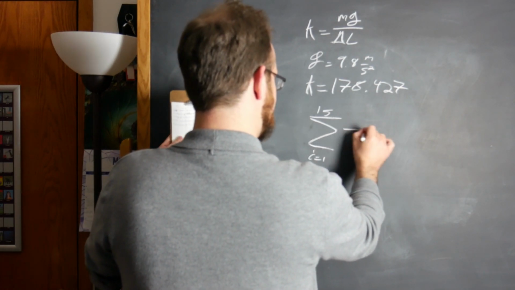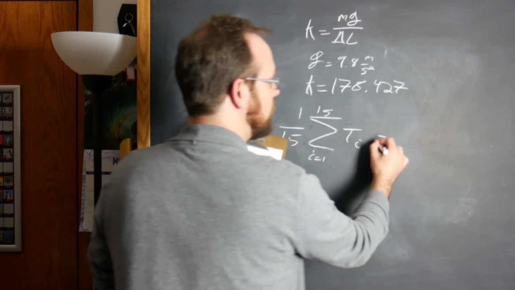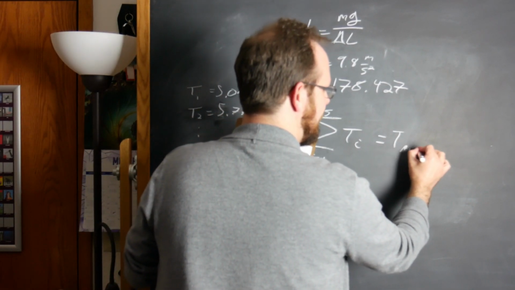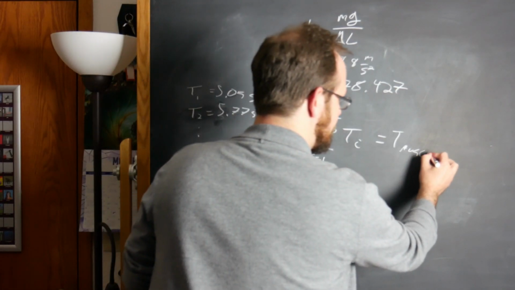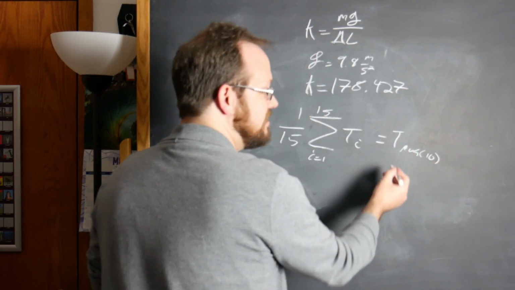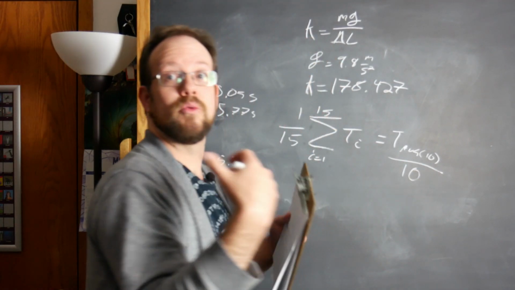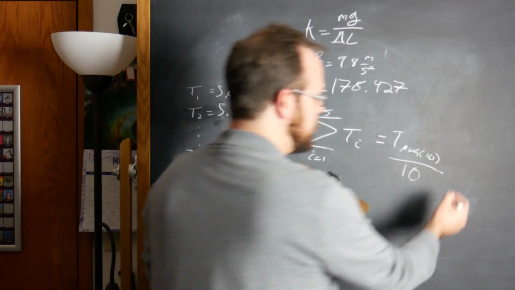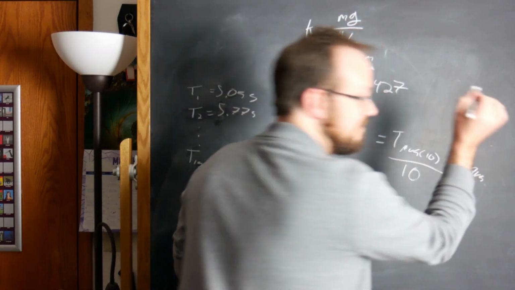In order to calculate the average, we will just calculate the sum from i equals 1 to 15 of T sub i. We'll divide that by 15, and that will give us T average for the 10 oscillations. Then if we divide that by 10, because there were 10 oscillations for each, we will get our final T average value.